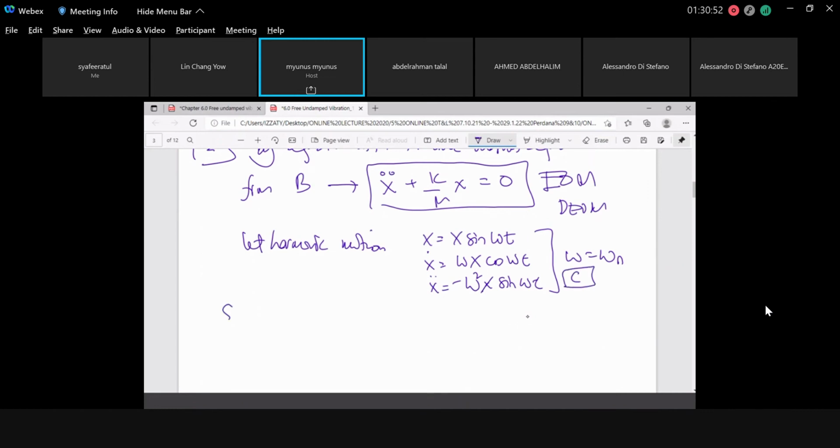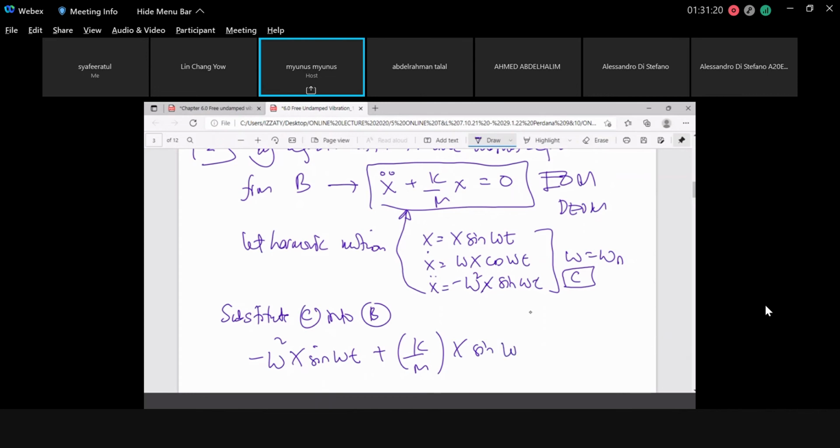So you substitute C into B. Substitute C into B. What do you have? You will have negative omega square x sine omega t plus k by m, which is a constant parameter, times x sine omega t, equal to 0.